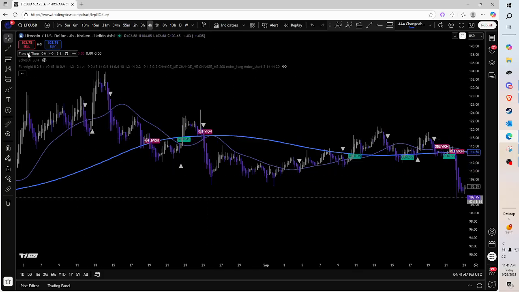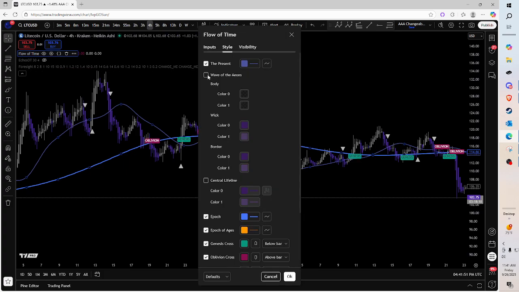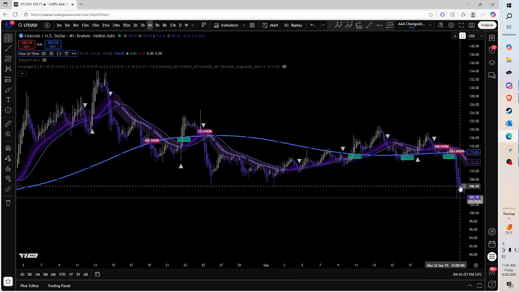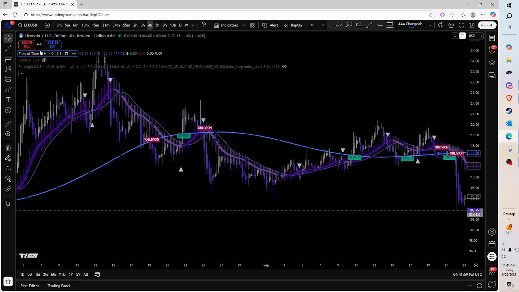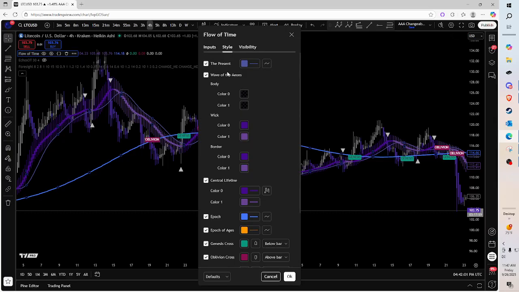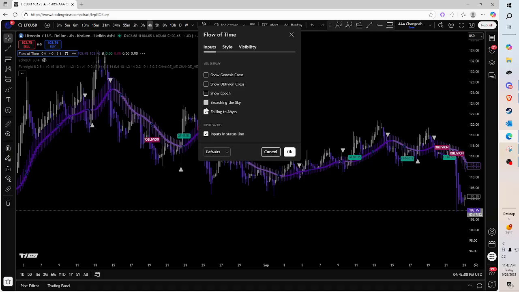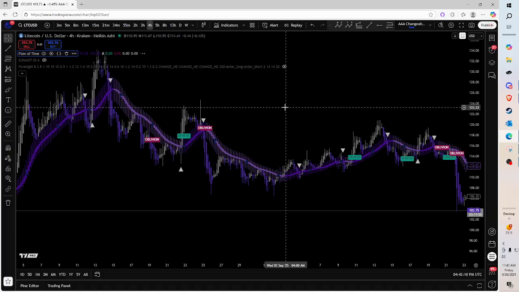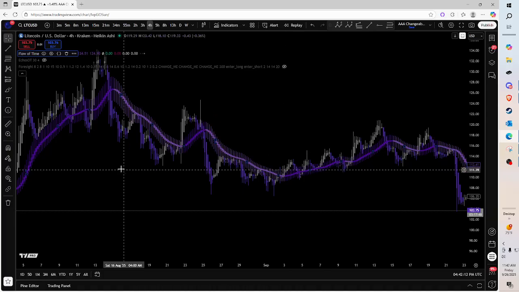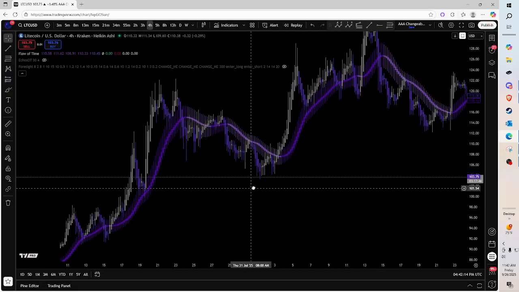So one last thing that we added to this, which is so incredibly helpful, is this wave of eons. And I'm going to turn off some of the other features here just so you can concentrate on that. So you can see here what's happening.